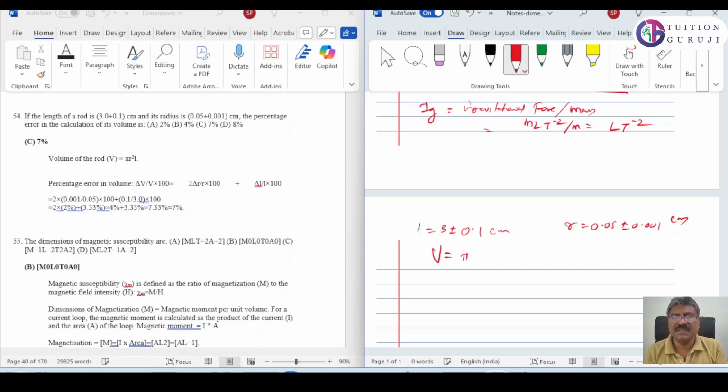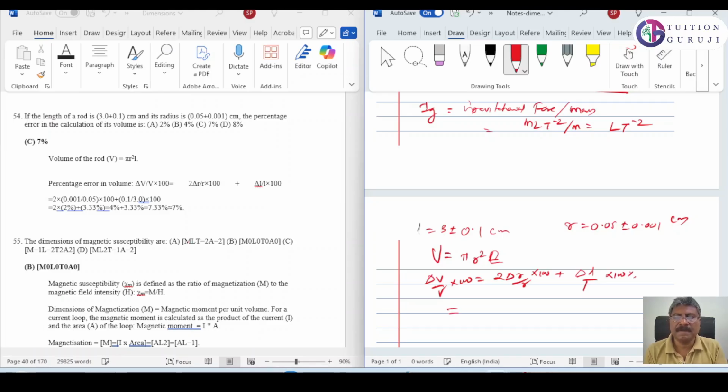So V is equal to, since it's a cylindrical shape, pi r square L. So delta V by V percentage is equal to 2 into delta R by R into 100 plus delta L by L into 100%.